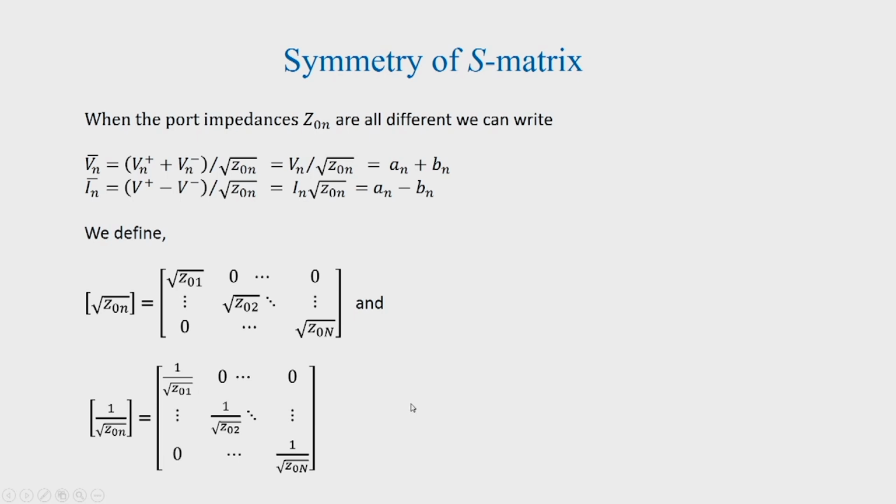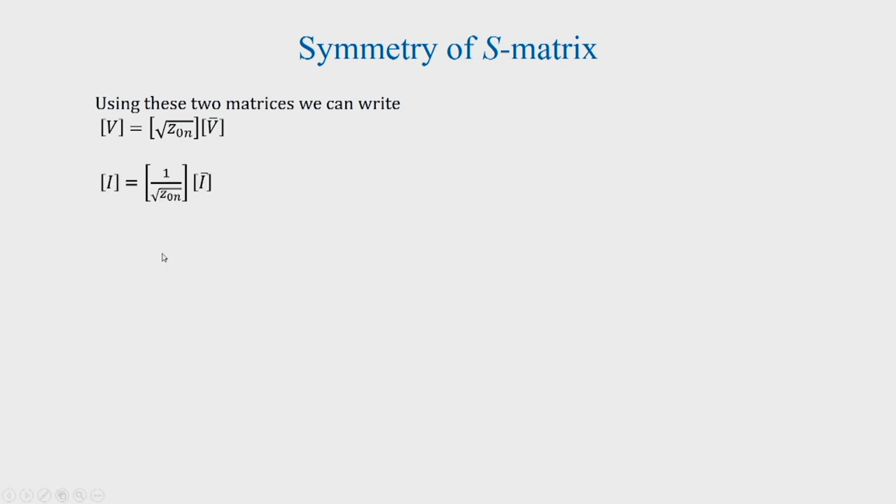Now, if we introduce these two matrices, we can write the voltage matrix V can be related to normalized voltage V bar, and similarly current matrix I can be related to normalized current matrix I bar.